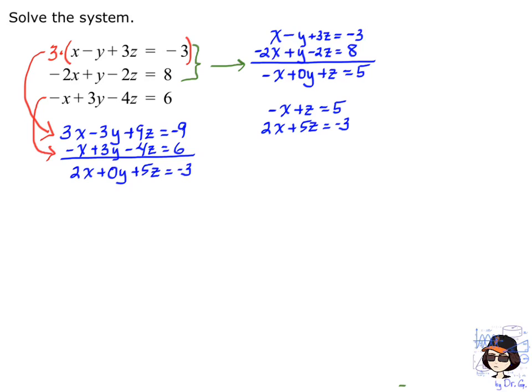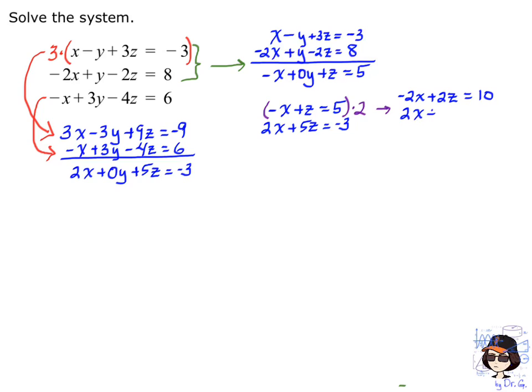Okay, so how do we solve this system? There are a bunch of different ways to go, but it looks like I can take that first equation and multiply it by 2, and I get negative 2x plus 2z equals 10.